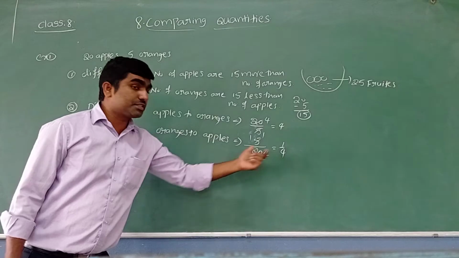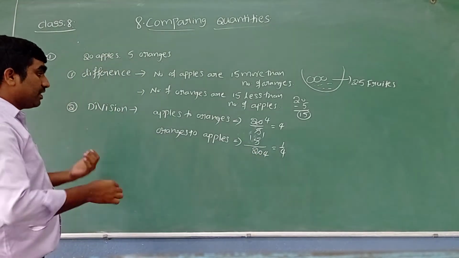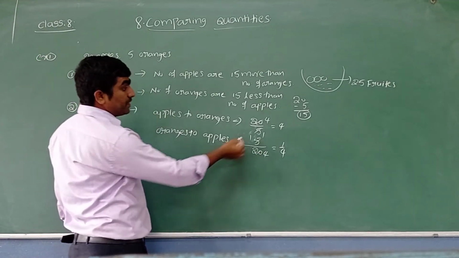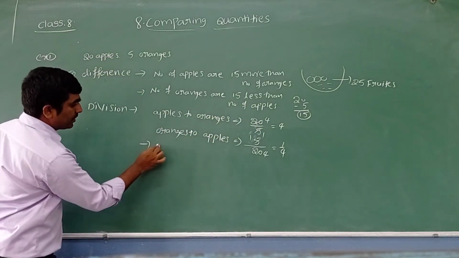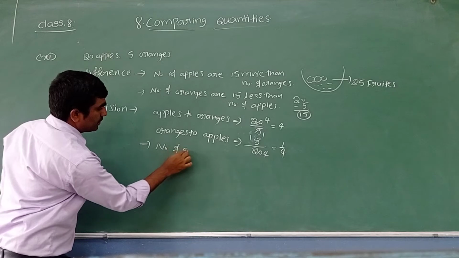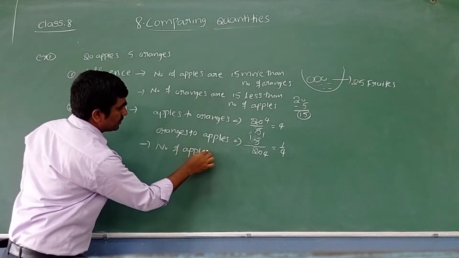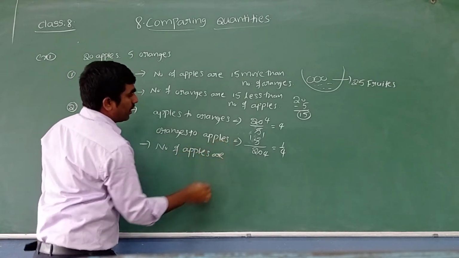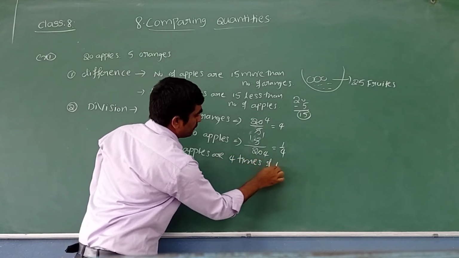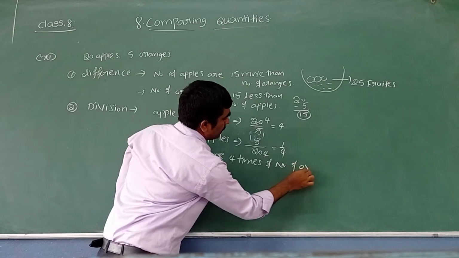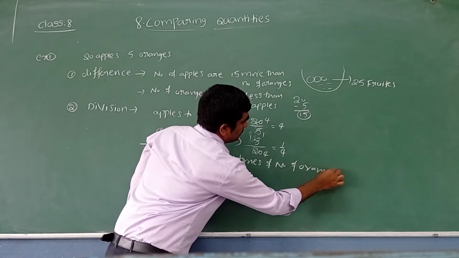Now from these results, what conclusion can we say? We can say that the number of apples is 4 times the number of oranges.